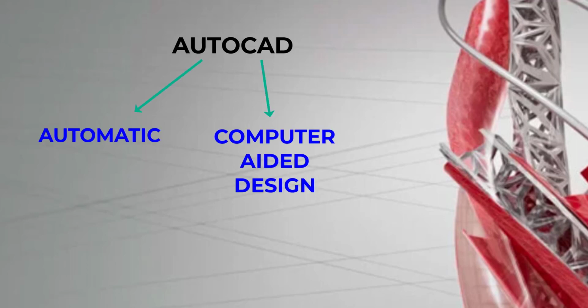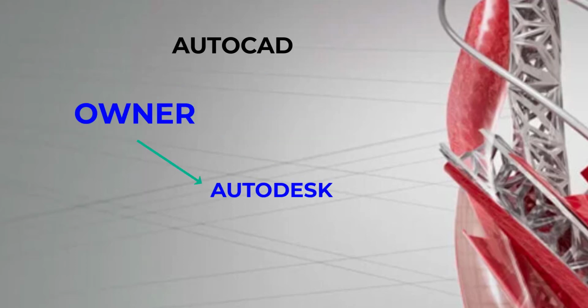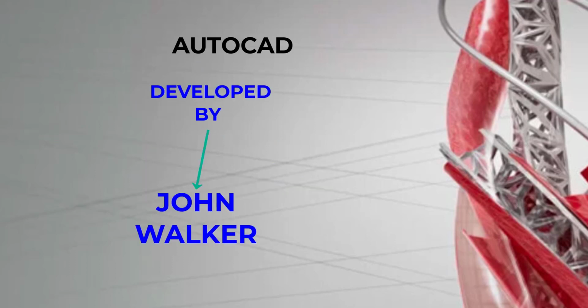But before going to the user interface, I would like to give a brief introduction about AutoCAD itself. AutoCAD is taken from two words. Auto means automatic and CAD is the abbreviation of computer aided design. AutoCAD is developed and sold by Autodesk company, and it was first developed by John Walker in 1982.